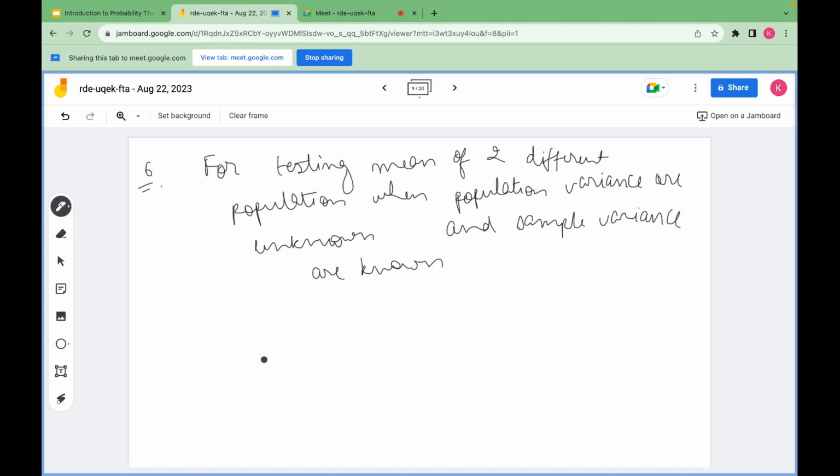So first we will calculate the T naught, which is mu x minus mu y divided by SP into 1 upon n plus 1 upon m. So we know this mu x value, mu y value, n and m, but we don't know SP.